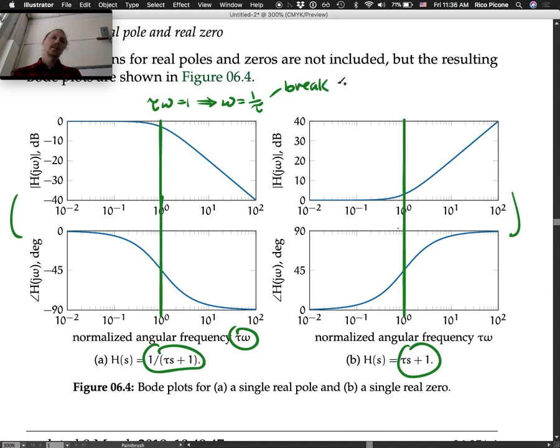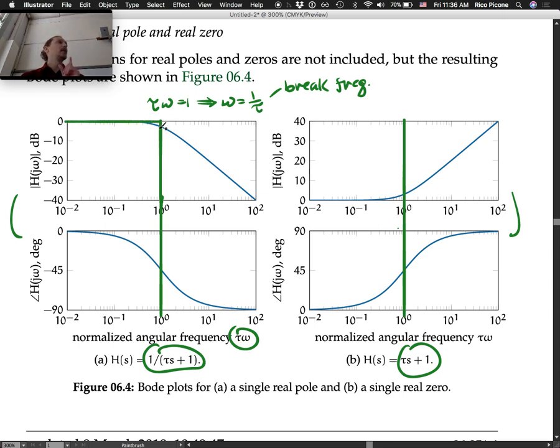Break frequency. And that's really important not just for these real poles and zeros, but also for the next type of system too. So this frequency is a really crucial frequency. So we know that this magnitude plot goes from 0 dB at lower frequencies.